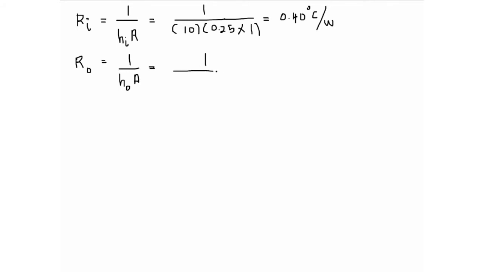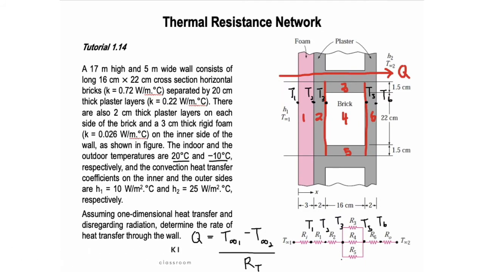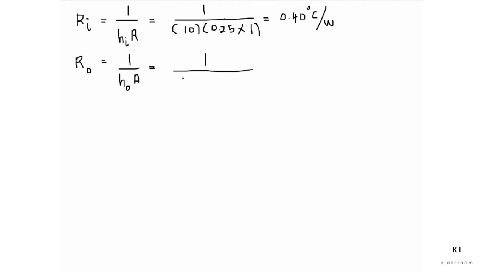1 divided by, so in this case R outer is 25. So the height is still the same.